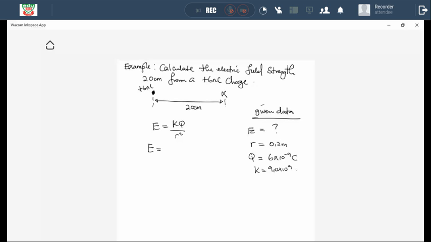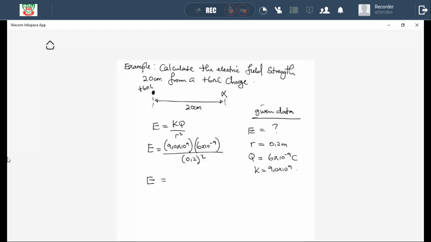So E is equal to, I make my substitution. K is represented by 9,0 times 10 to the power 9, I close. Q is equal to 6 times 10 to the power minus 9, I close, over my distance is 0,2, and it's squared. Then E is equal to, now I need my calculator, and my fraction there, and I open twice, and I've got 9,0 times 10 to the power 9, right?